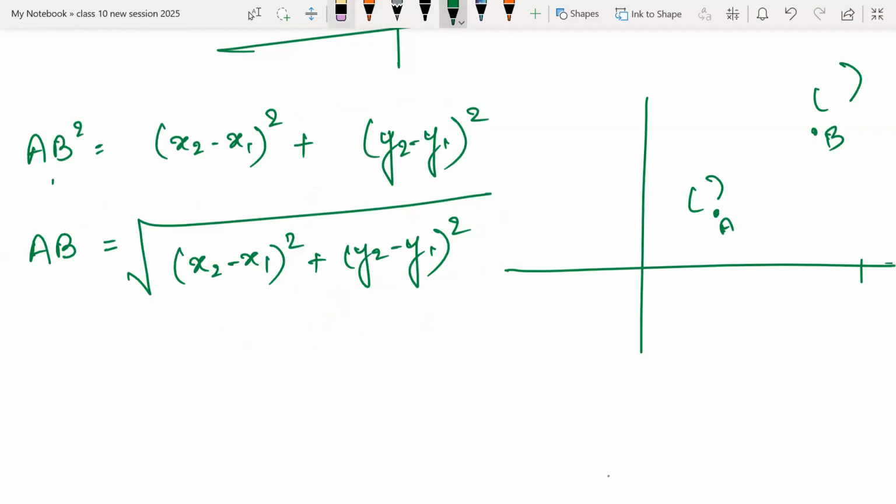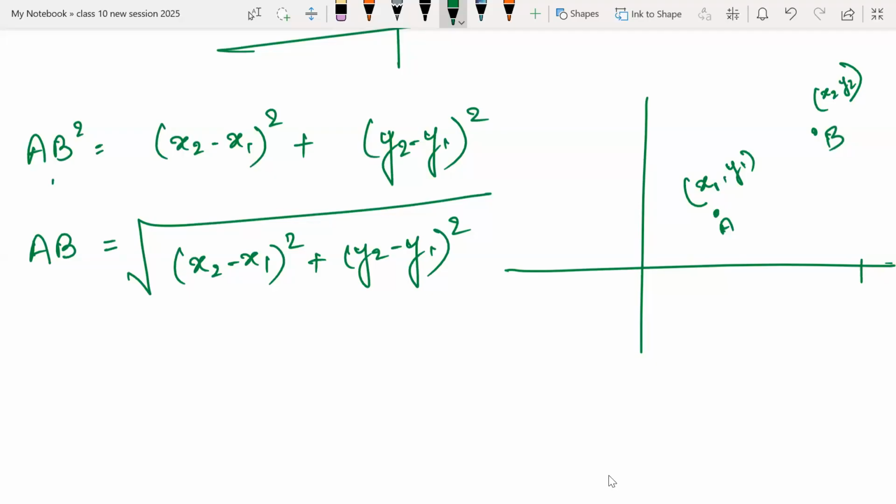We will call one of them x1, y1 and the other x2, y2. Whatever the coordinates of A, 2 comma 3, 5 comma 7, whatever it is, we say the first is x1, y1, and the other is x2, y2.